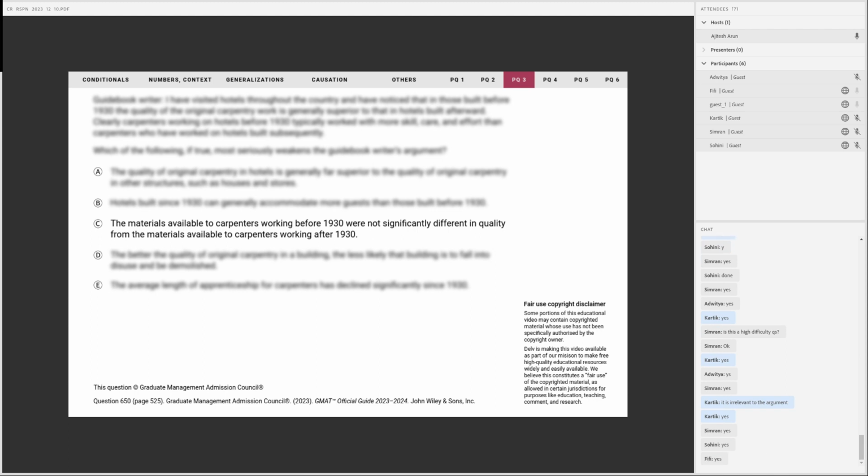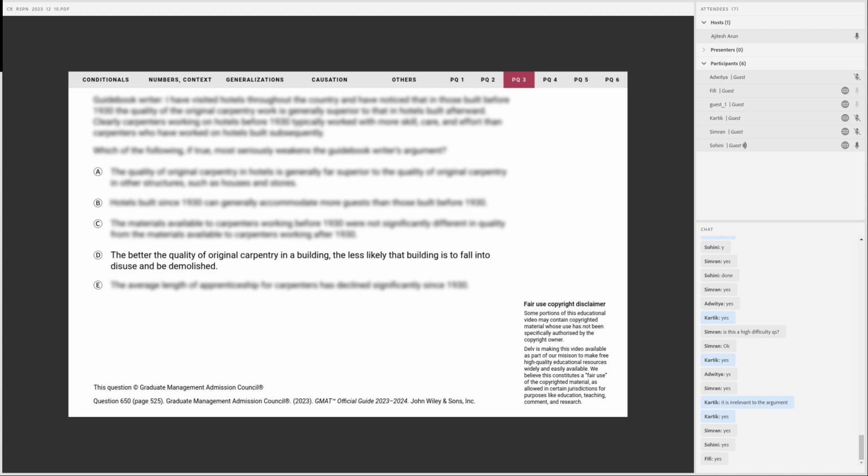Excellent. Now we come to the answer. Option D. Why is D correct? Go ahead. So basically, this one is saying that if the carpentry quality is really superior for a building, then the building is less likely to get demolished.